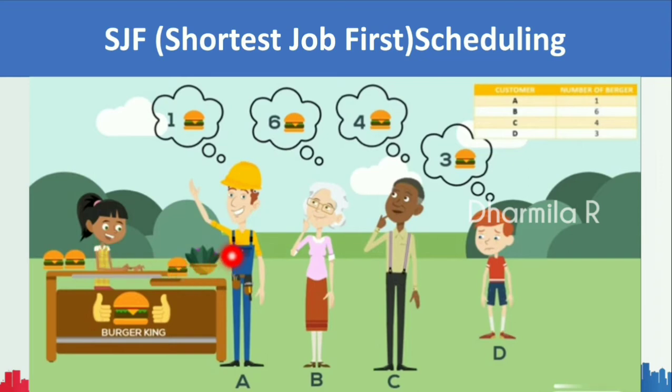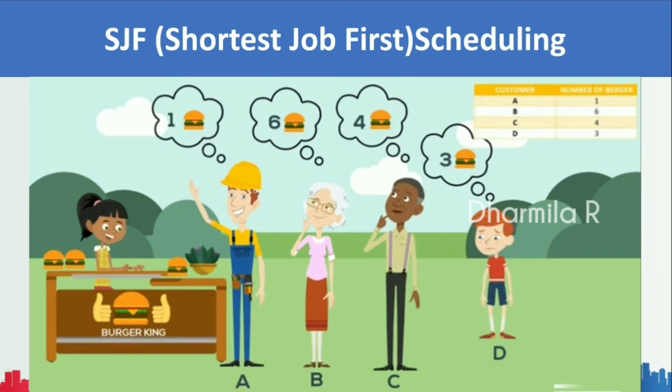They provide burgers to the customer who orders the least number of burgers. So this is the technique used in shortest job first. We have four different customers with four different orders. Customer A with one order, customer B with six orders, and customer C with four, and so on. So here, based on the requirement, they distribute the burgers.